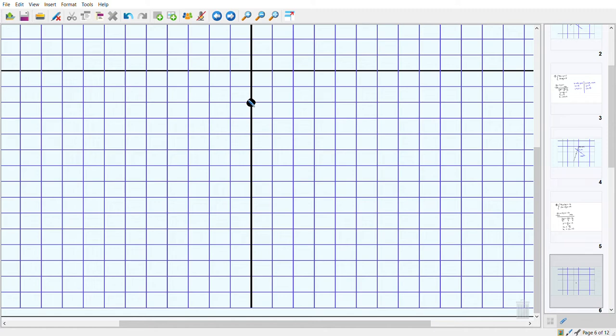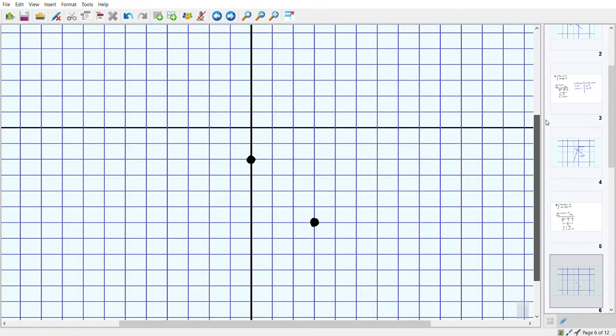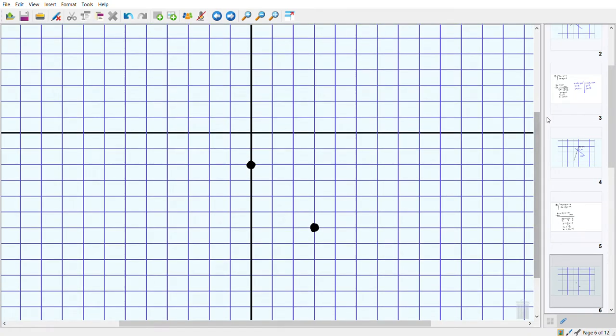And then we go down 4. Right, 1, 2, 3. That takes you to the edge, right? So that means we're going to have to do backwards counting for our third point. So I'm going to go ahead and go up 1, 2, 3, 4. Left 1, 2, 3.